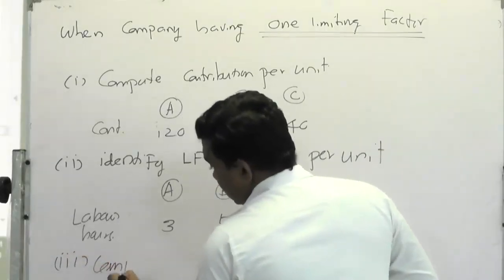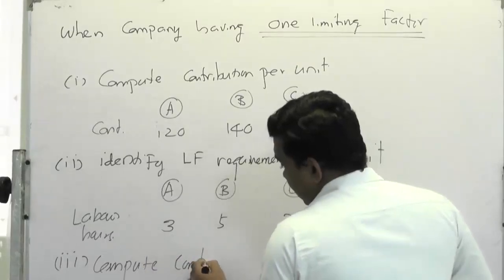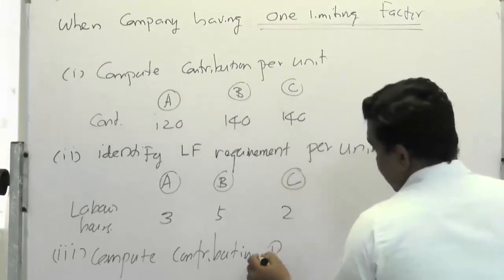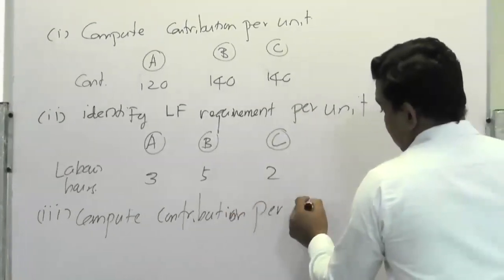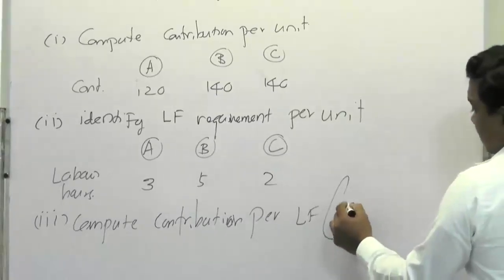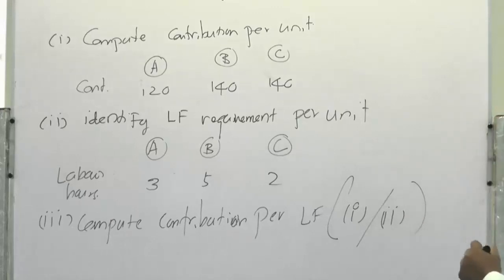Compute contribution per limiting factor, that is you need to divide the answer of step 1 by the answer of step 2, right? Compute contribution per limiting factor.